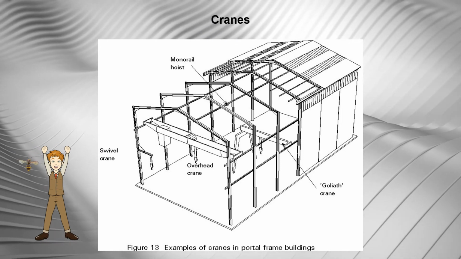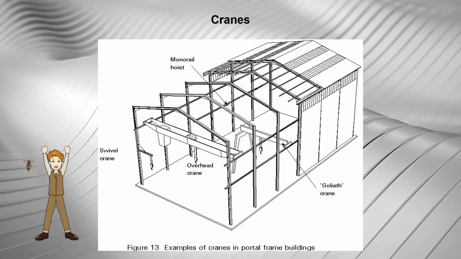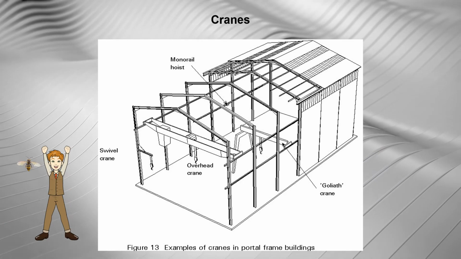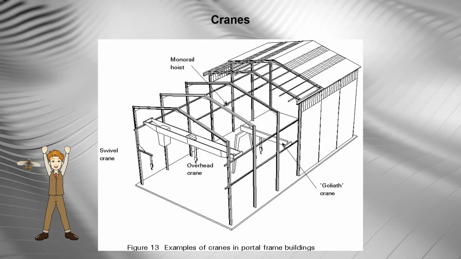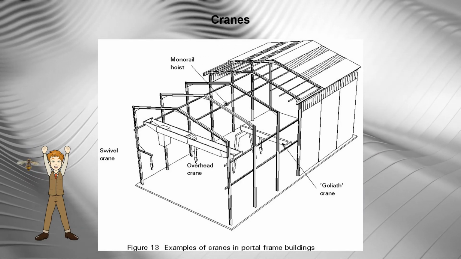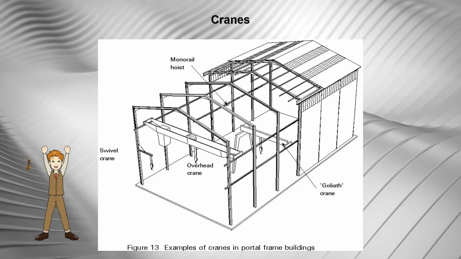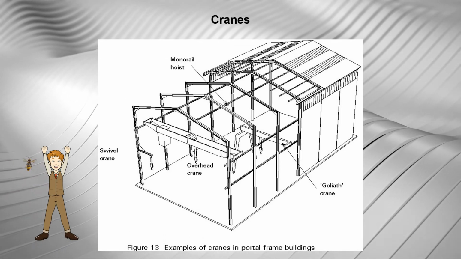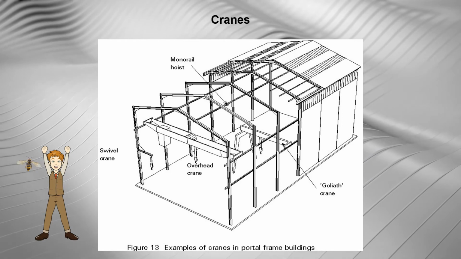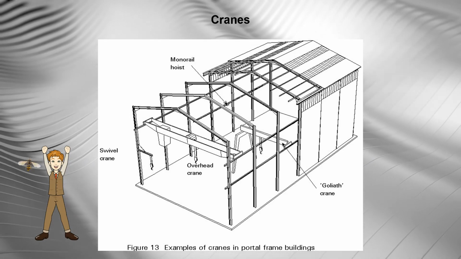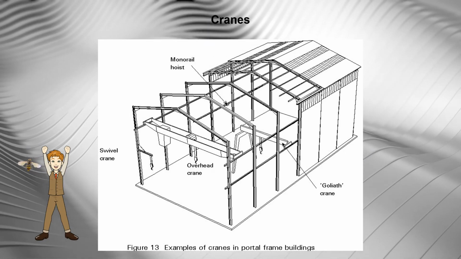Cranes. Where moving loads such as cranes and conveyors are present, such as shown in Figure 13, in addition to the gravity loads, the effect of acceleration and deceleration have to be taken into account in the design.